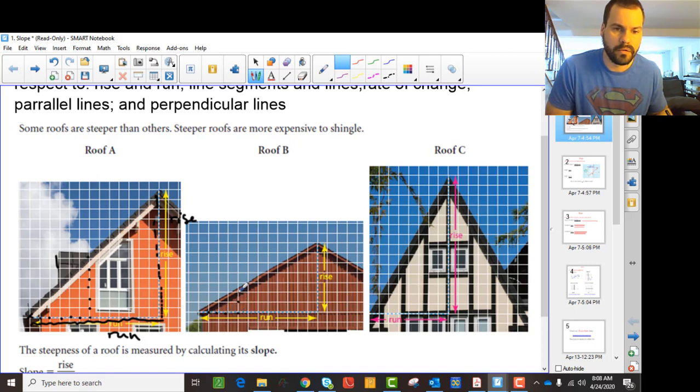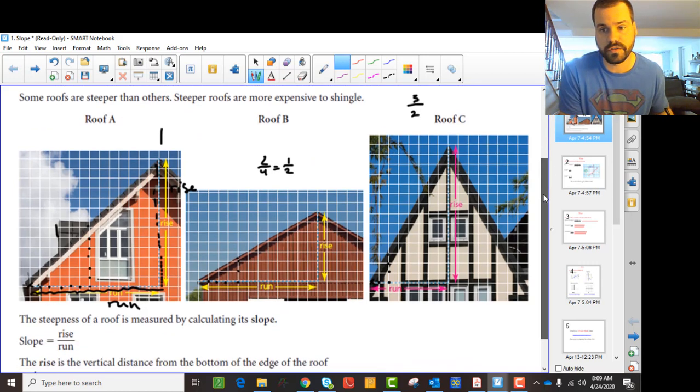I'm rising 1, 2, essentially 2 and maybe a little bit. But that means the slope is 2 over 4, 1/2 here. And this one, if I start here, that's 1, 2. I rise 1, 2, 3. So the slope here is actually 3 over 2. So this one, the slope's 1, that's 1/2, and that's 3 over 2. And I think you can see the difference in the steepness.